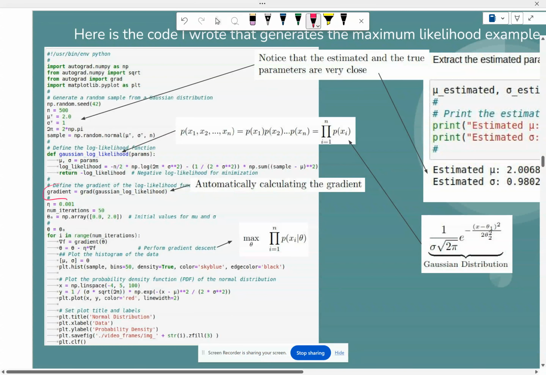And then, with this particular example, I just use the automatic gradient, and by using the automatic gradient, it found the gradient for me. And what I did is then run gradient descent. Now I want you to notice that I made the log likelihood negative.